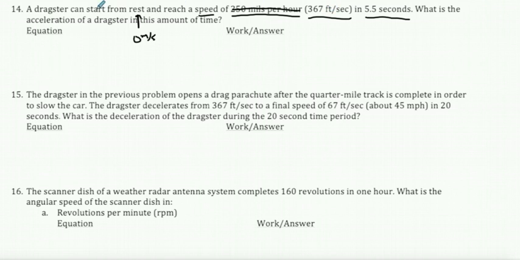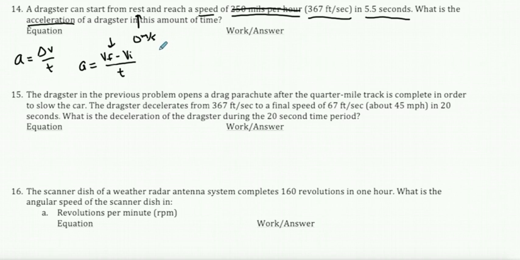Okay? So we're looking for acceleration. So we have to know the acceleration equation. Acceleration is change in velocity over time. And I would rather write this equation down: acceleration, so my change in velocity is final minus initial, over time. And then this gives me a better equation to plug all my variables into.